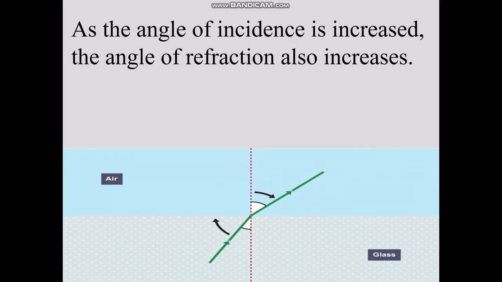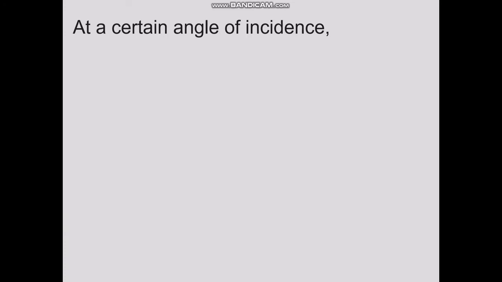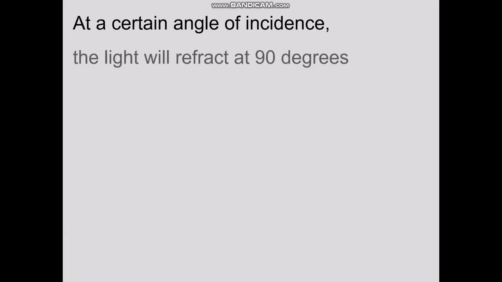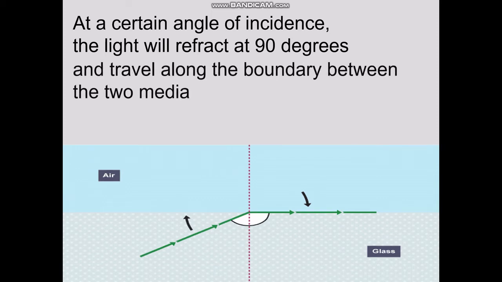Now, if the angle of incidence is increased, the angle of refraction also increases. So that means over here, if we keep on increasing the value of i, then r will also continuously increase. At a certain angle of incidence, the light will refract at 90 degrees and travel along the boundary between the two media.